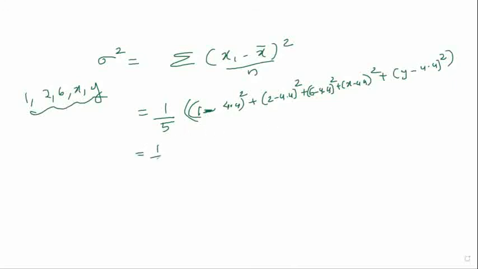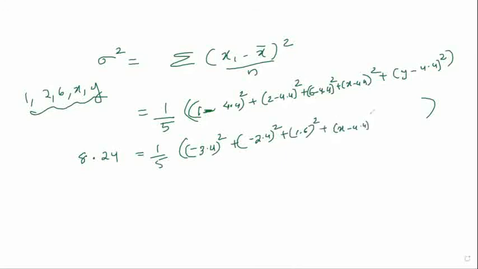Okay, so what will I get? The variance was already given in the question as 8.24. So 1 by 5 into, we subtract: 1 minus 4.4 is minus 3.4, square, plus minus 2.4 square, plus 1.6 square, plus (x minus 4.4) square plus (y minus 4.4) square.